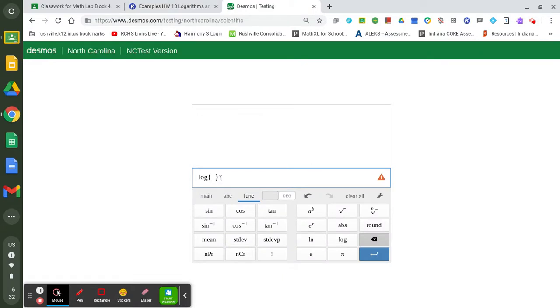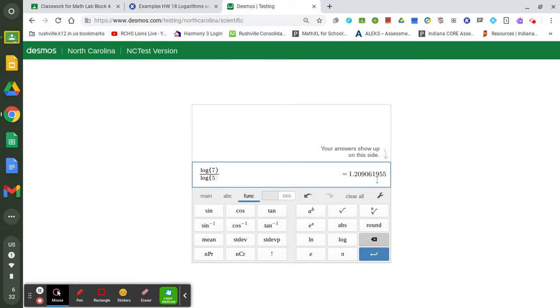I go log 7, making sure it's in the parentheses. Log 7, make sure you have a parenthesis. And then the divide, and then log again, 5.